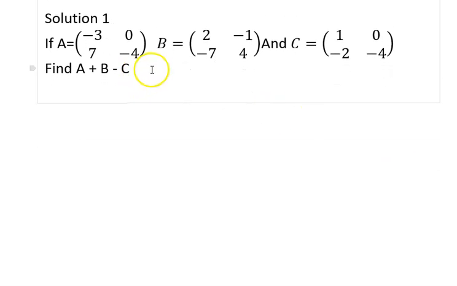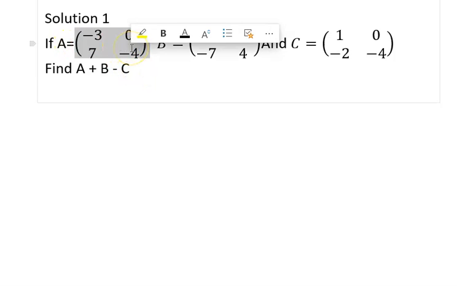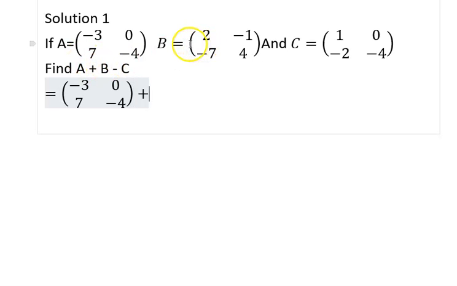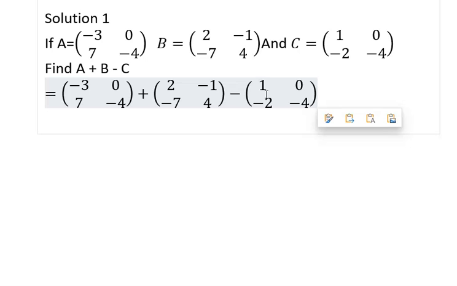We have to find A plus B minus C. So this is our A, plus, that's what the question says, B, minus C.